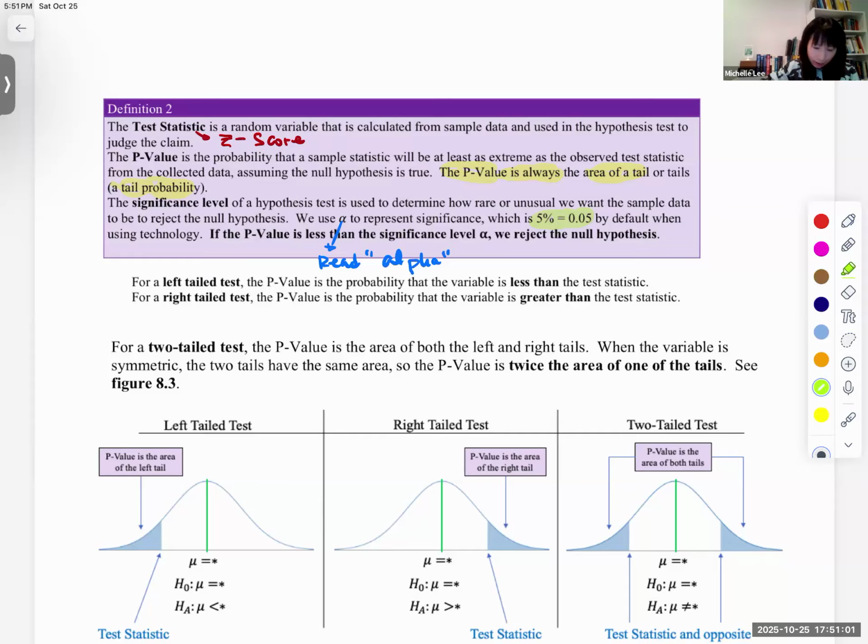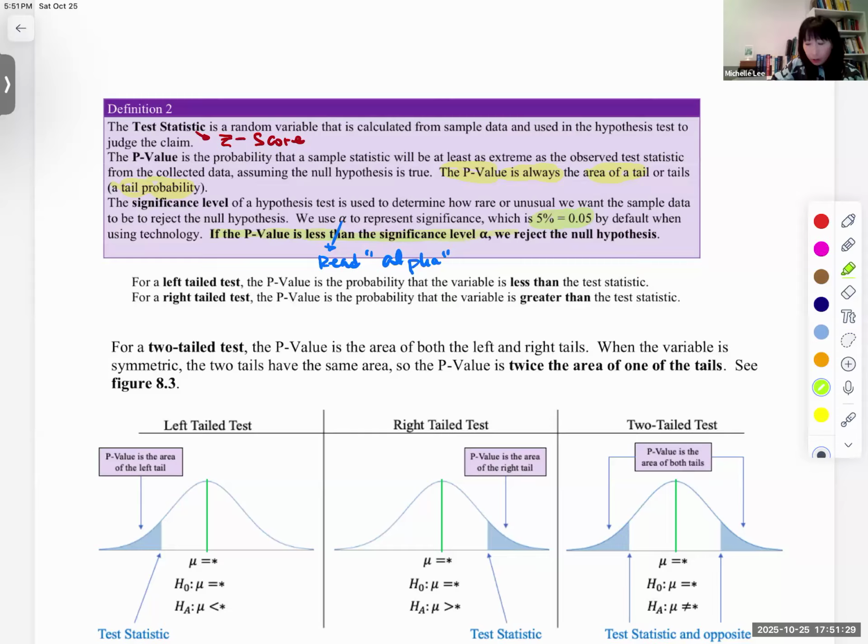Then there is something very important we do with the p-value and significance level. If the p-value is less than the significance level alpha, then we reject the null hypothesis. That is very important.